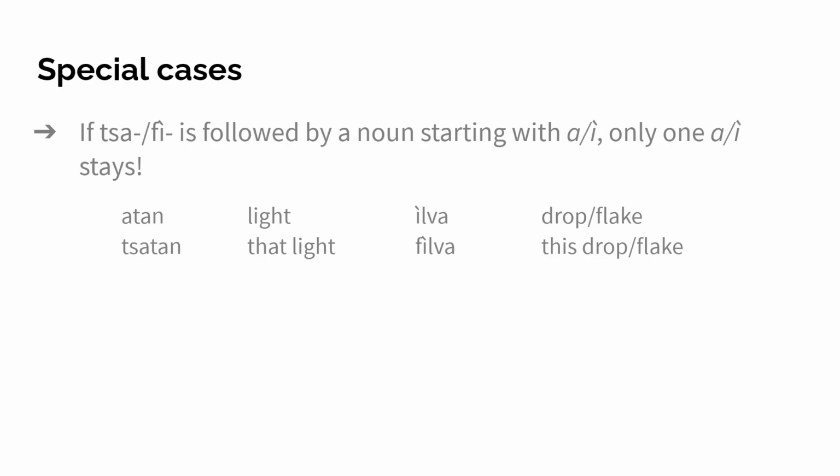Ilva is a drop or flake, so filva then would be this drop or flake. But ioang, animal, becomes feioang, this animal. The e and the i are different sounds in Na'vi, so in this case they are treated differently. They don't disappear, not one of them disappears, but both stay.